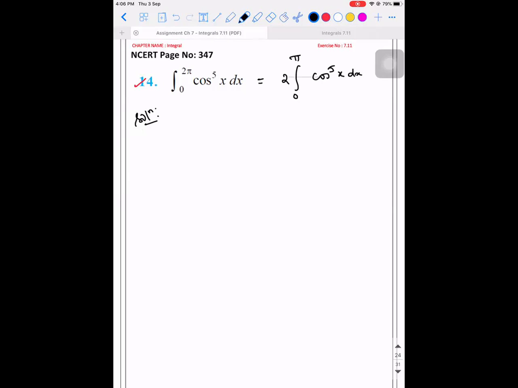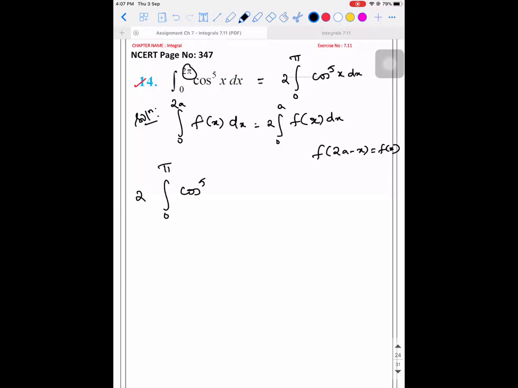The property 6 says integral of 0 to 2a f of x dx is equal to integral of 0 to a 2 times f of x dx provided f of 2a minus x is equal to f of x. f of 2a minus x is 2 pi minus x. 2 pi minus x is 4th quadrant. So it is going to be the same. So it will be 2 times integral of 0 to pi cos power 5x dx.